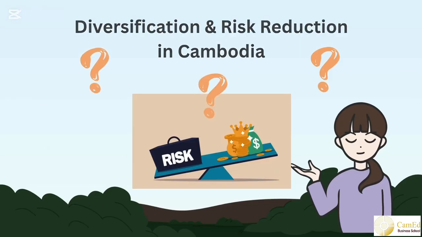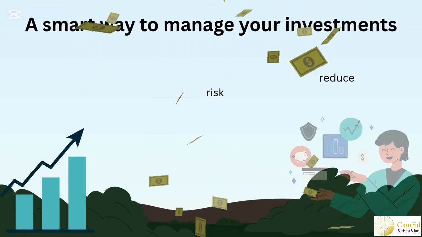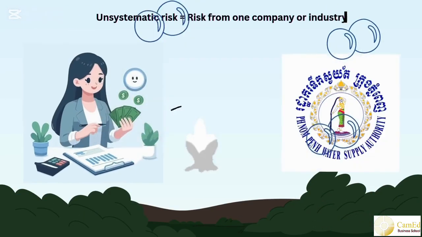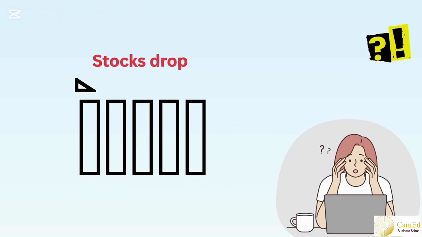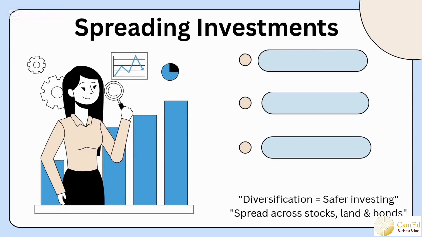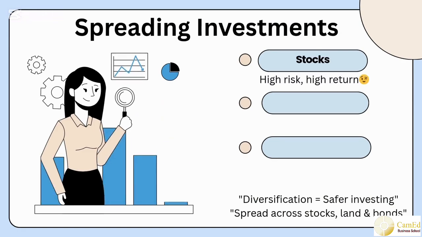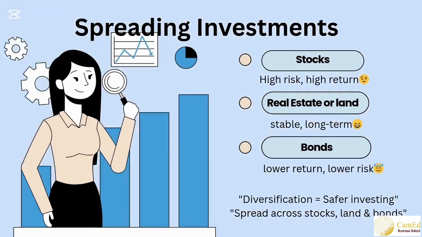Want to reduce your investment risk in Cambodia? One simple way is through diversification. Imagine putting all of your money in just one company like PPWSA. If the stock drops, you lose a lot. But if you spread your money across different assets like stocks, real estate, and bonds, you reduce the chance of losing everything.